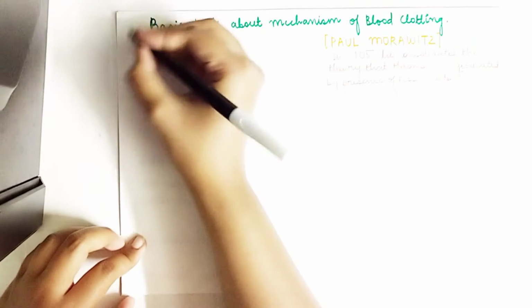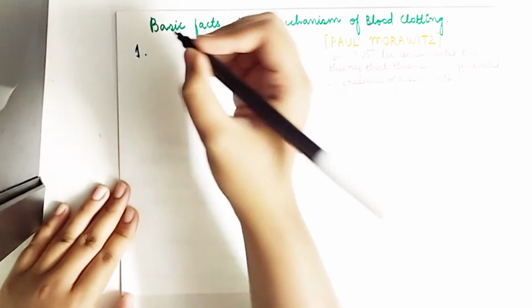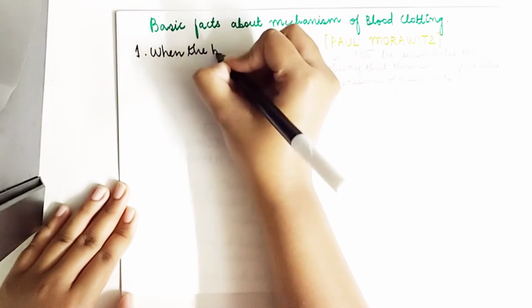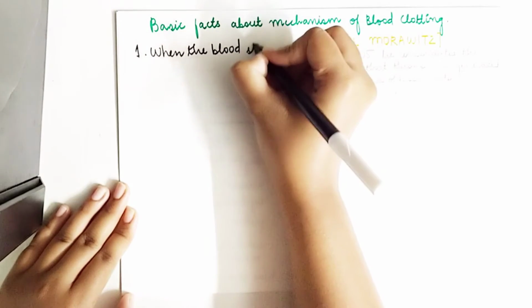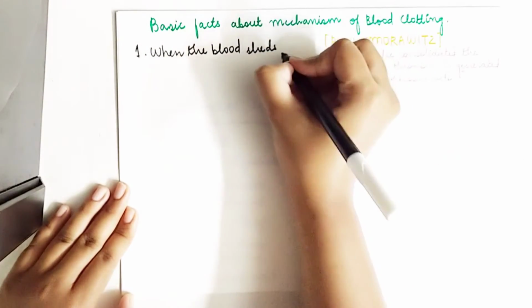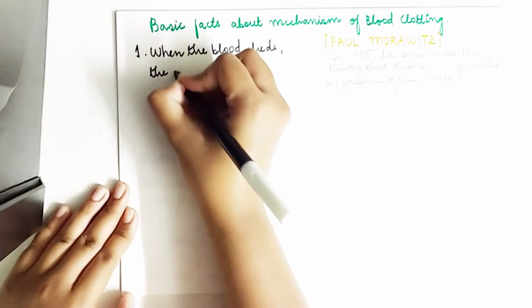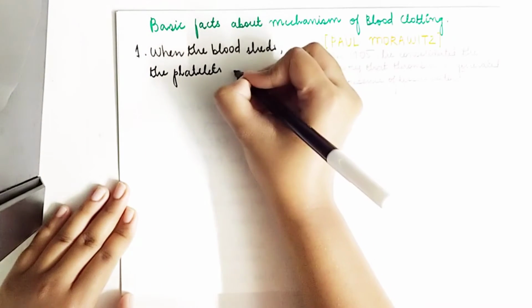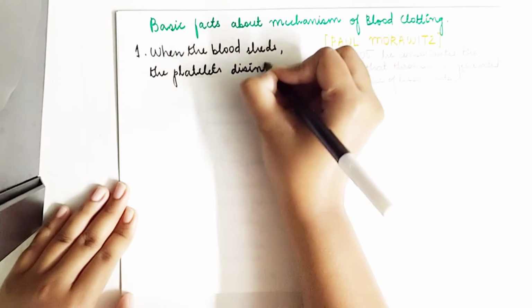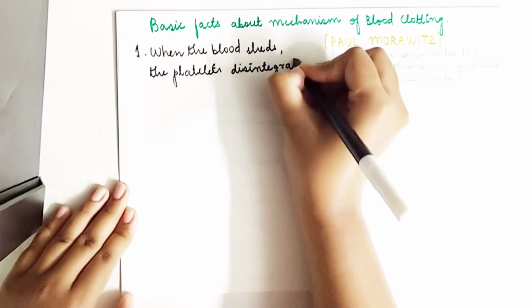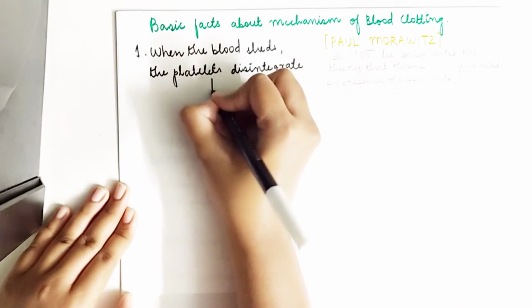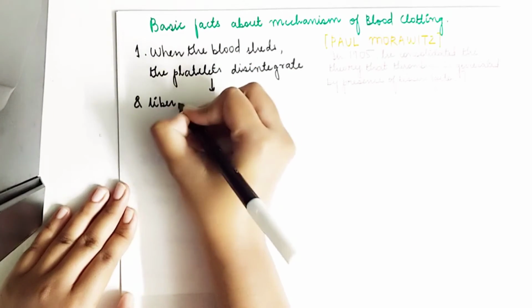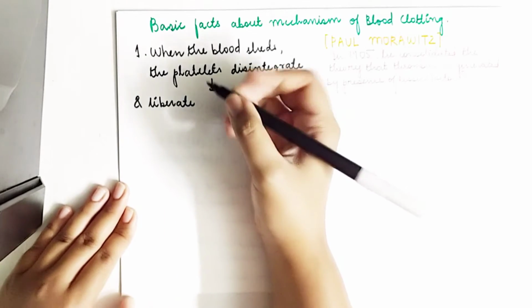First step: when the blood is shed, the platelets disintegrate and they liberate thromboplastin.